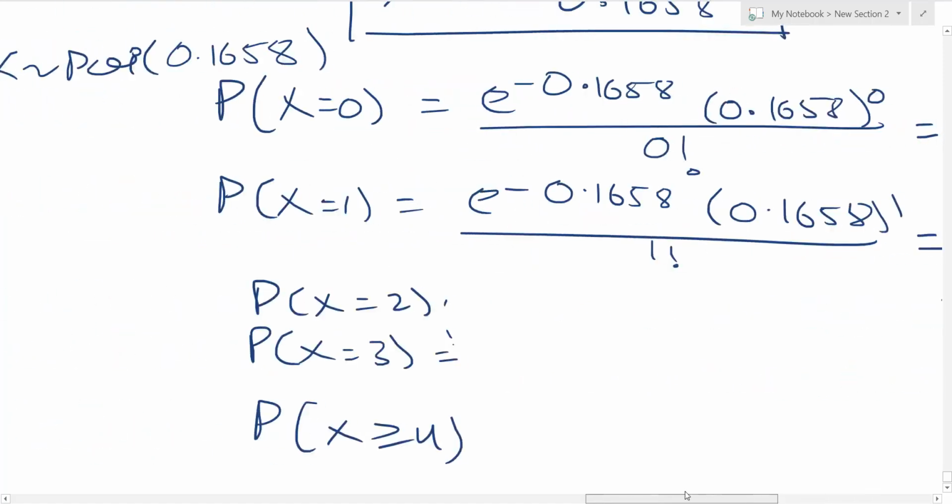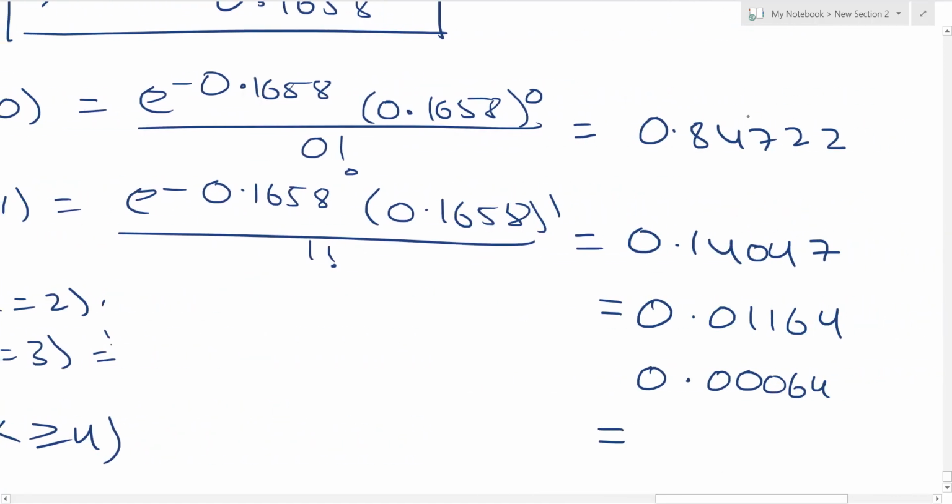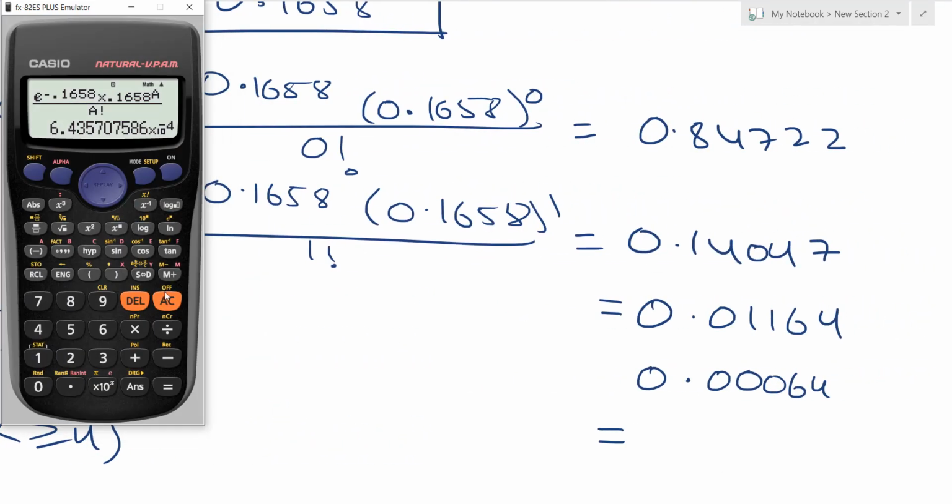I've taken all of them to 5 digits, and greater than or equal to 4 would be 1 minus all of these. So I'll take 1 minus all of these. It would be 1 minus 0.84722 minus 0.14047 minus 0.01164 minus 0.00064.